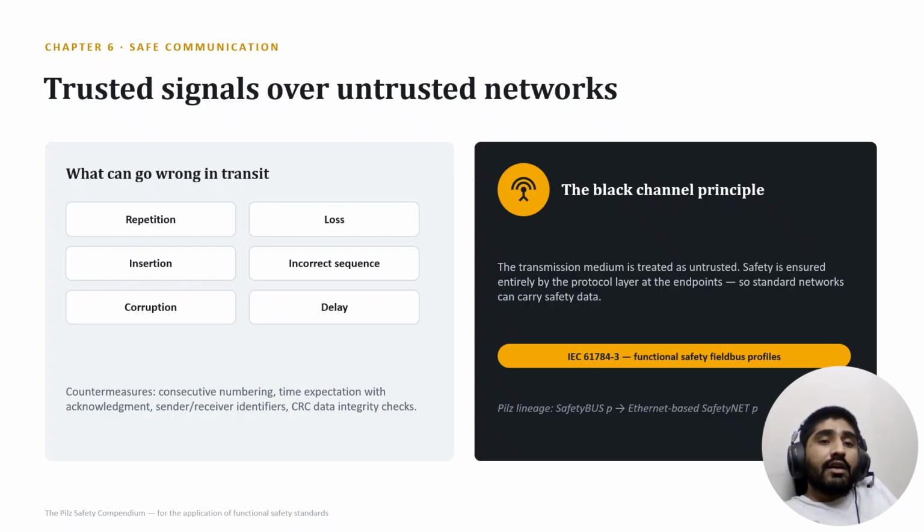This all follows the black channel principle. The transmission medium itself is untrusted, and safety is ensured entirely by the protection layer at the endpoints. These are basically in line with IEC 61784. Pilz's history here includes SafetyBUS p and later the Ethernet-based SafetyNET p.